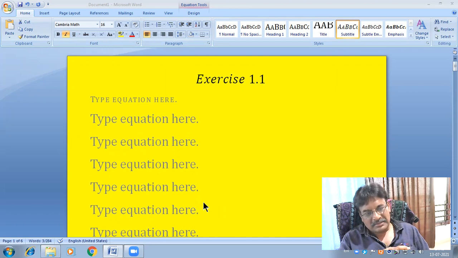Today we start Mathematics part second for class 12 and exercise 1.1 in unit differentiation.